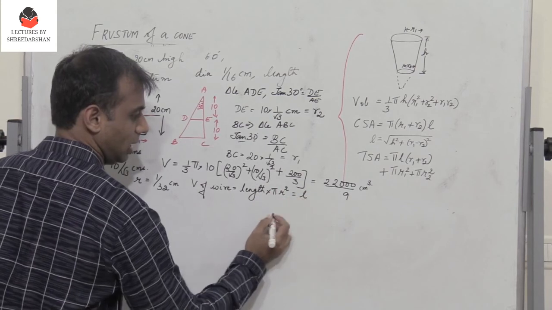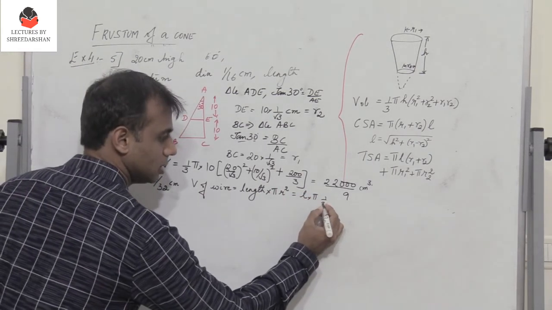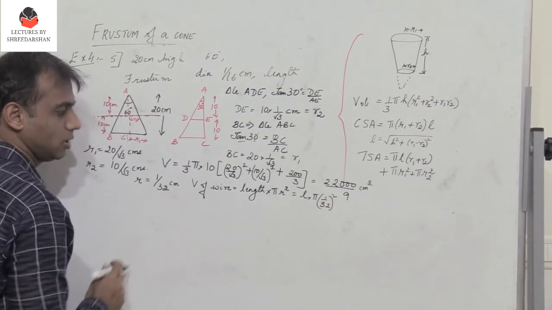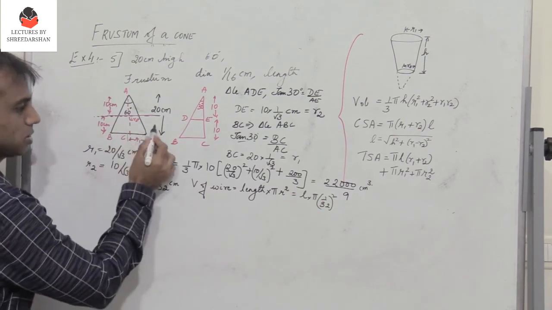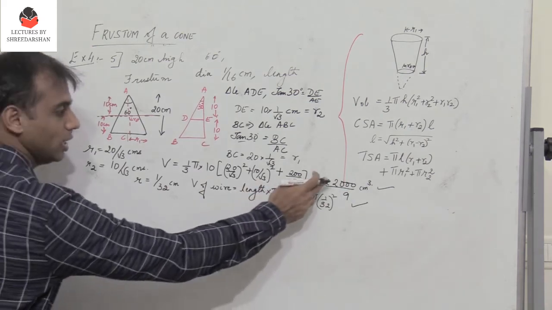So the length L I need to find into pi into r, which is 1 by 32, whole square. Now since we are actually drawing the wire from the frustum of the cone itself, these two volumes should be equal. So I equate these two.